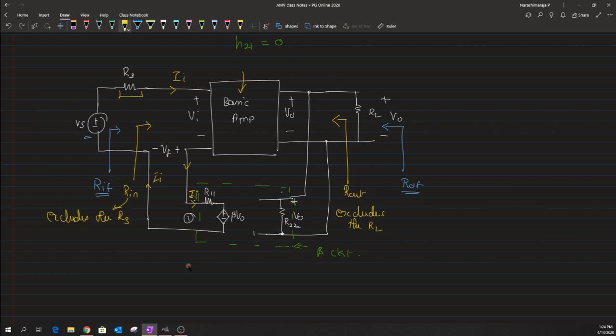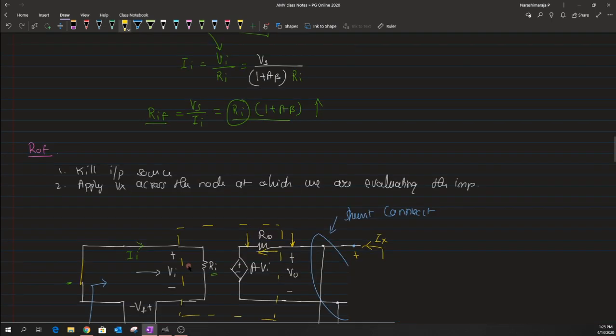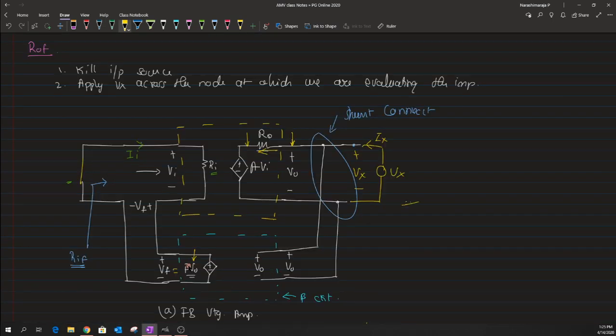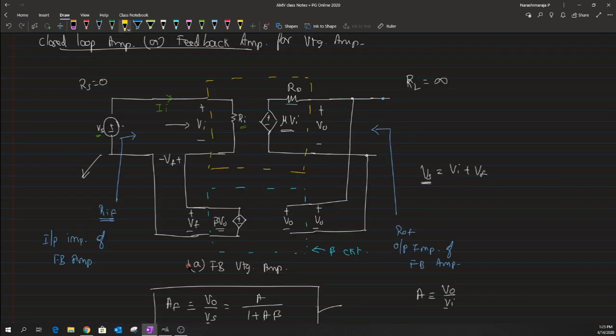I want to remove all those non-idealities and push them to one particular structure, which is the basic amplifier, so that in the entire configuration only the basic amplifier has all the non-idealities, and all other structures like the input signal source, the load, as well as the feedback network are taken as ideal structures. That way, the analysis that we discussed in the first case, the ideal case, can be utilized for the discussion.